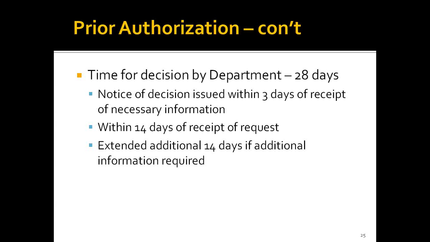That can be extended for 14 days if more information is requested. And as I said, oftentimes with these devices, Medicaid may ask the provider for more documentation to establish medical necessity and to establish that there are no less appropriate, less expensive alternative devices.